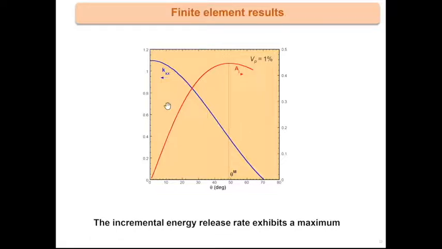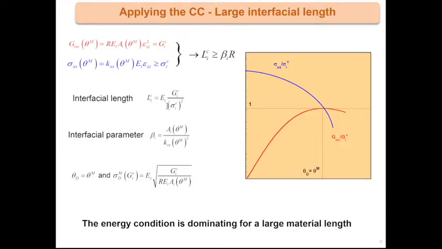So it introduces something you have to deal with when applying the coupled criterion. So, as we have a maximum here for the incremental energy release rate, we can assume that the energy condition is first satisfied at this maximum here.